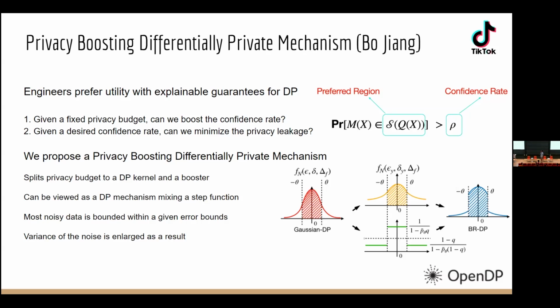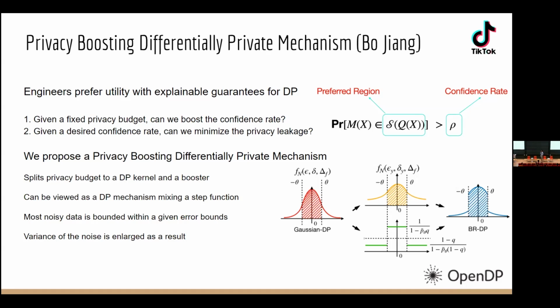So we came up with this privacy boosting differentially private mechanism. So basically it's a kernel DP mechanism. There's nothing different from a traditional DP mechanism, except mixing in a step function, which is defined by the boundary of the preferred utility region.